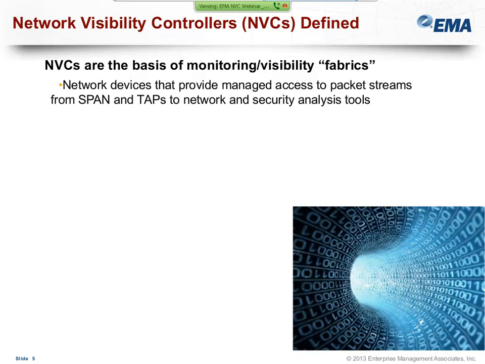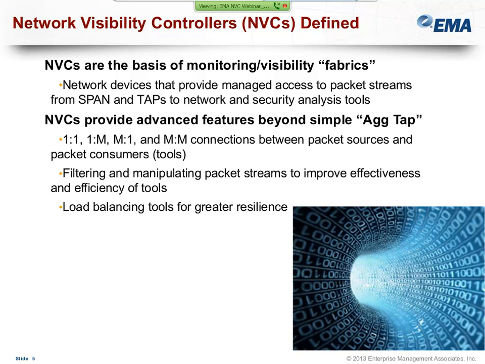Sort of in between the old original approach and where we are today was an interim step where we saw products that would aggregate multiple streams together or matrix and share a stream, and those were called ag taps, aggregation taps, or matrix switches. But NVCs today, the class of products that I've been looking at and were the center of this research, are far more advanced than simply aggregation or matrixing.